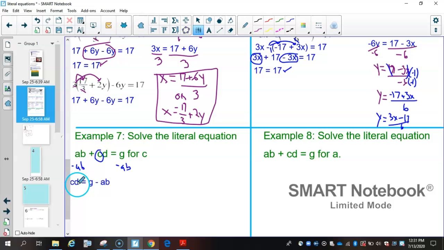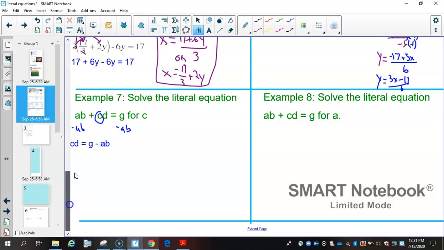If we're trying to get C by itself and C and D are next to one another, I can get rid of D by dividing everything by D, which would leave C equals G minus AB all over D. I just realized I stopped boxing in some of the answers.